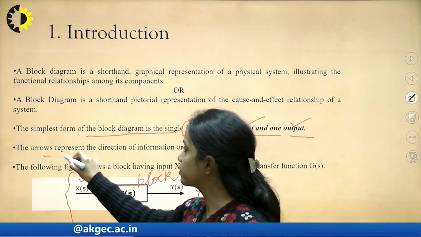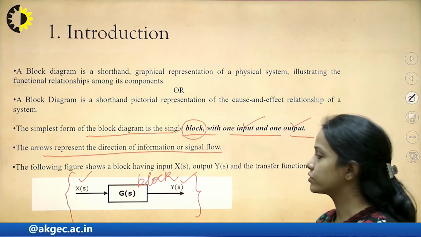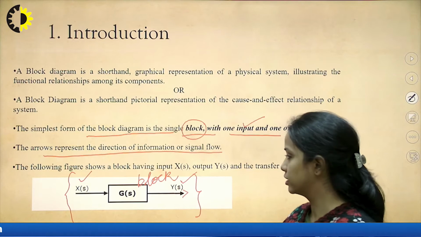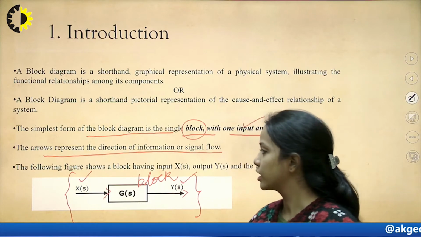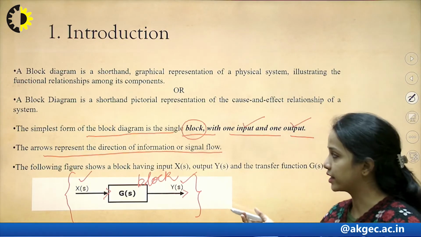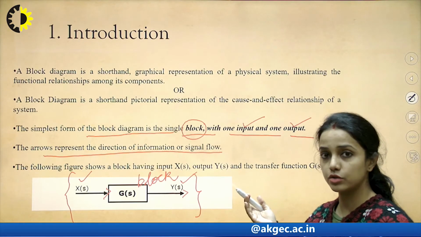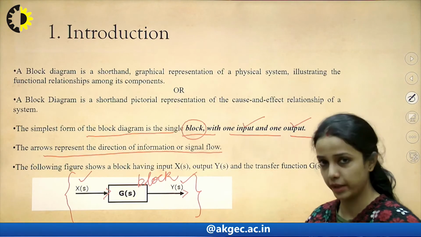The arrow represents the direction of information or signal flow. So, here we see that this arrow is pointing here, this arrow is pointing here. So, this is nothing but the direction in which the flow of the system is determined.